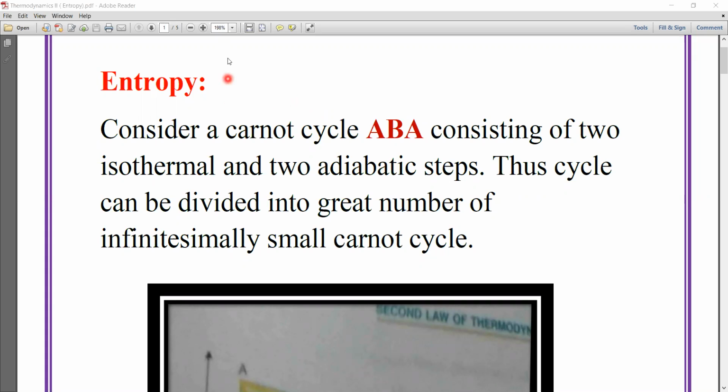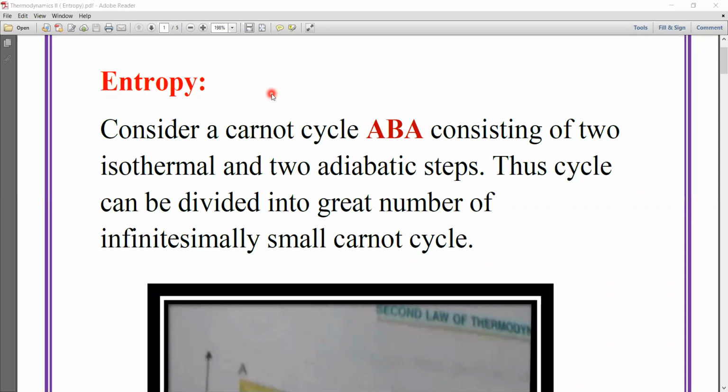In the previous periods, we have studied various statements of second law of thermodynamics. Then we have seen Carnot cycle. Carnot cycle works in 4 steps.